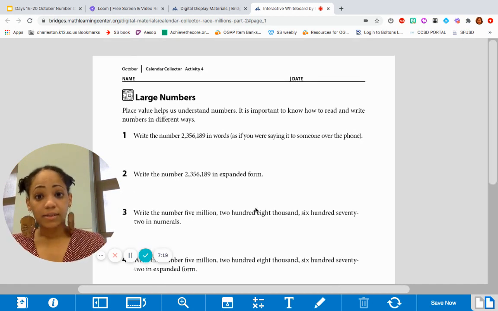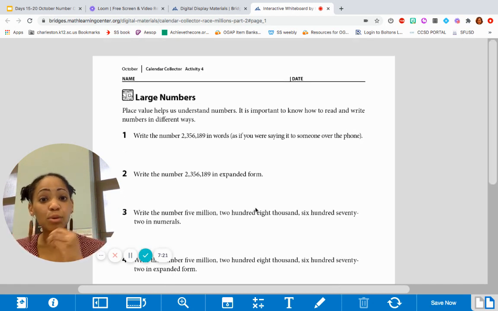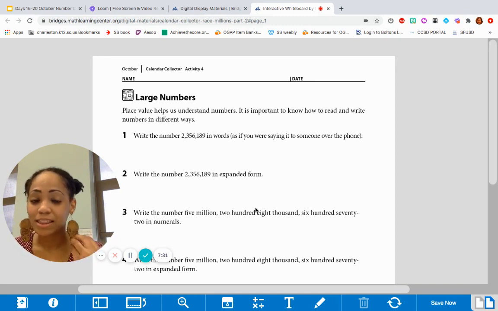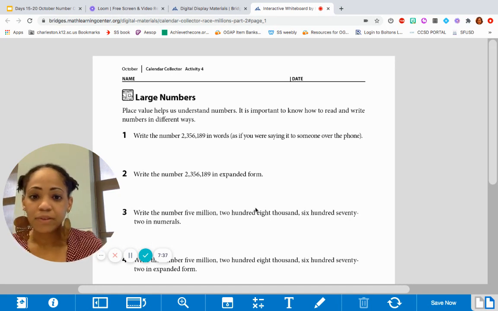Right, yeah, so I think some mistakes are when you have numbers that have zeros in one of the place values. Sometimes people forget that digit, especially if it's in word form and you don't see it. And so you really have to think about what's being asked of you so that you can represent the number the correct way. So I'm going to give you guys some time to work on this page independently.